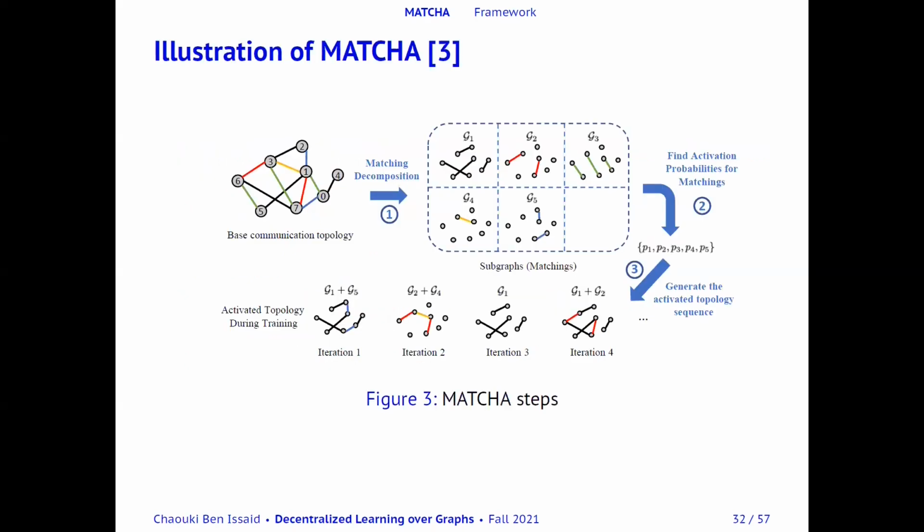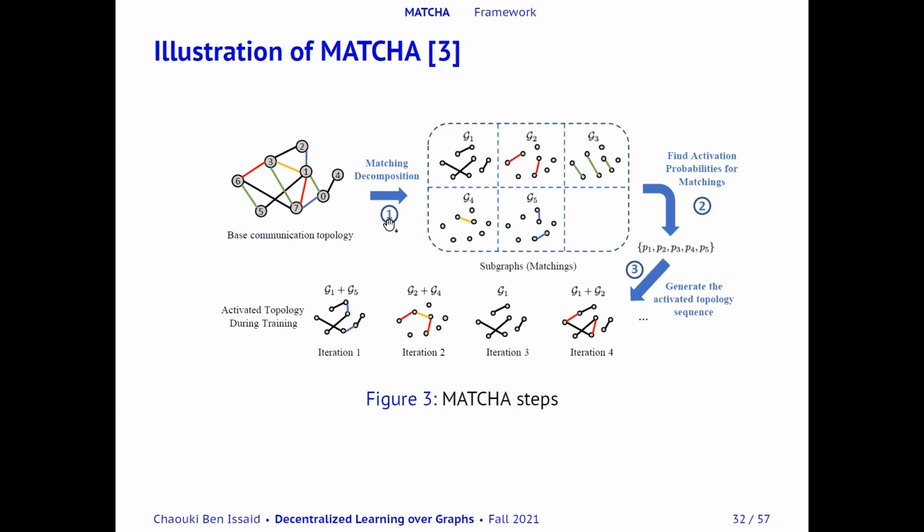Figure 3 here illustrates the different steps of MATCHA. We will describe in detail these different steps in the next set of slides, but just to see the big picture, let's quickly go over this illustration. So basically, MATCHA has 3 steps. The first step in MATCHA is matching decomposition.